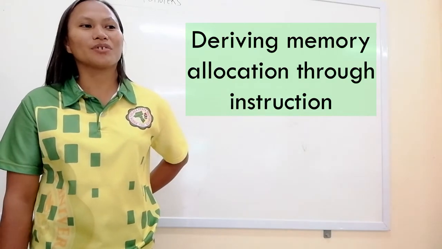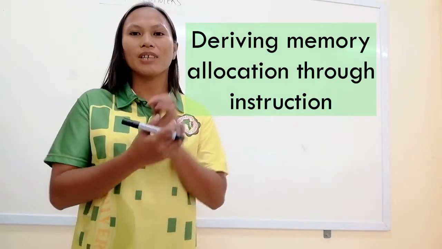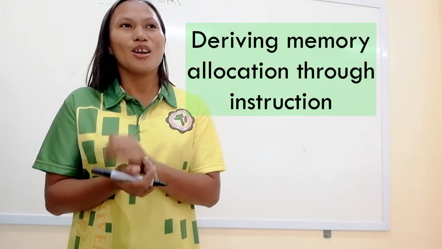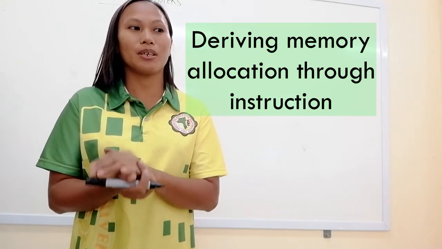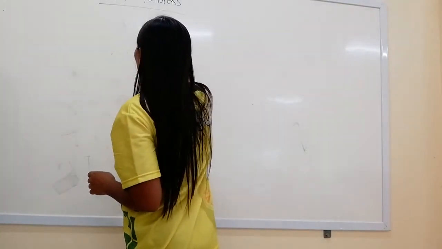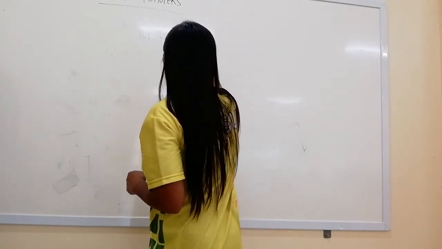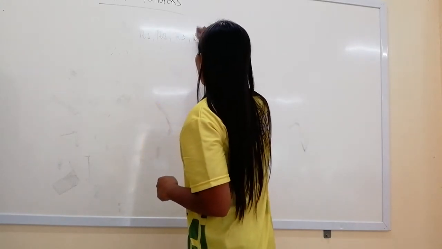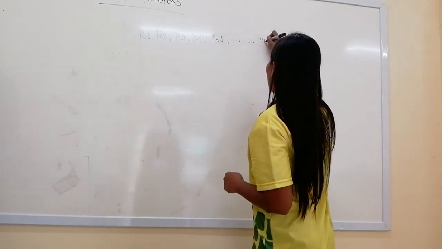Next example, or subtopic, about pointers. What is given this time is an instruction. We will derive the memory allocation through the instruction that I will give you. So, how many pointers do we need to declare? We have pointer 1 represented by PT1, pointer 2, pointer 3, pointer 4, pointer 5, up to pointer 10.